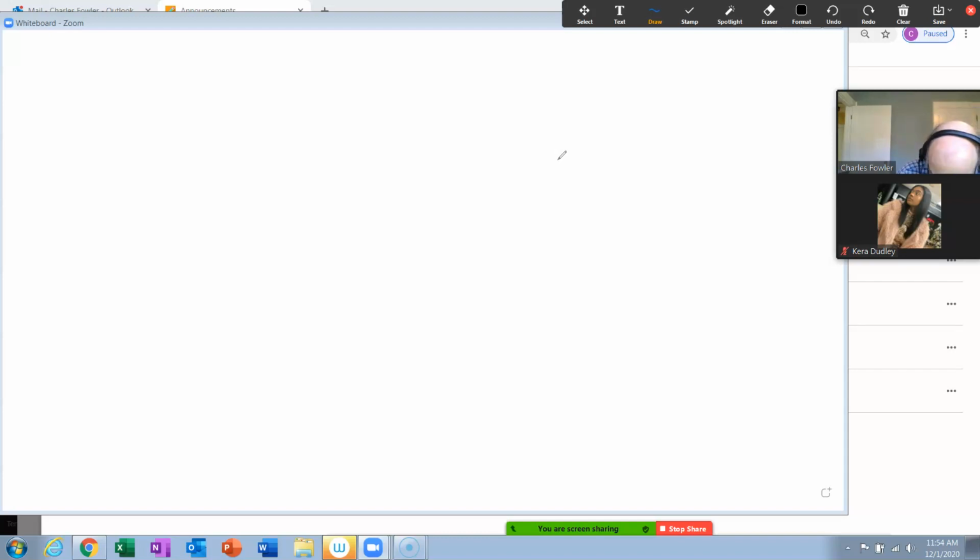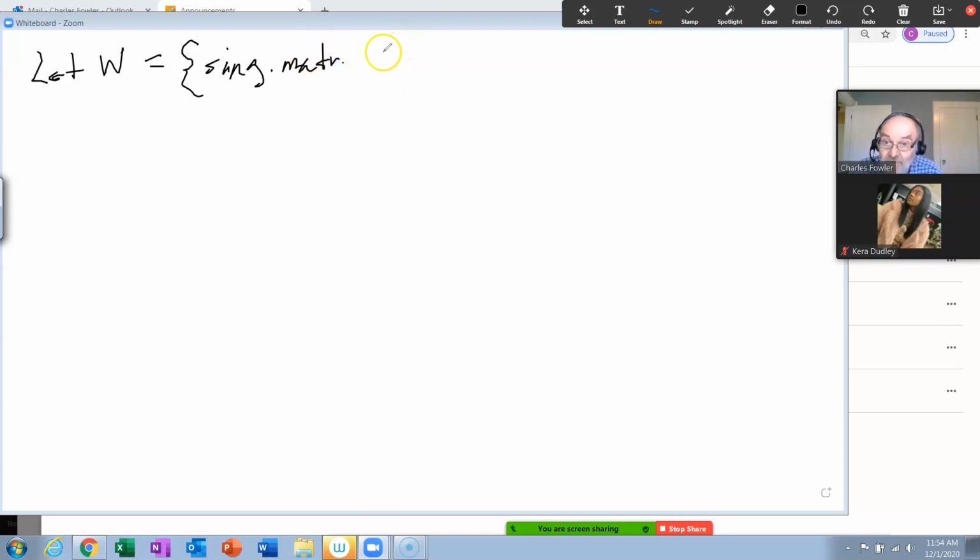Let W be the set of singular matrices of order 2.